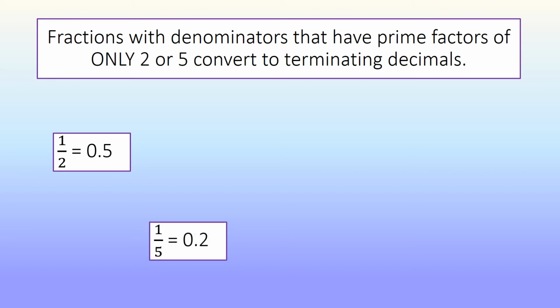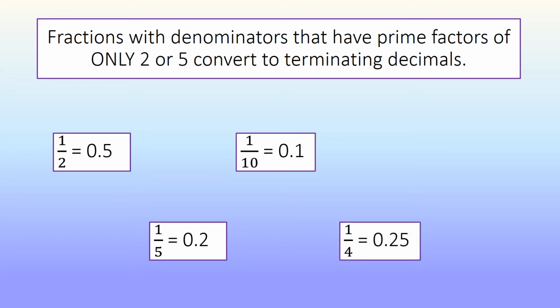And a fifth, again denominator 5, so we can write that as 0.2, which is a terminating decimal. 1 over 10, so 10 can be written as 2 times 5. Its prime factors are 2 and 5, so that can be written as a terminating decimal, which we can see is 0.1. 1 over 4, so here the denominator 4 is 2 squared, so again, terminating. And similar, 3/4, the denominator is the same, and we know both of those. A quarter is 0.25 and 3/4 is 0.75.